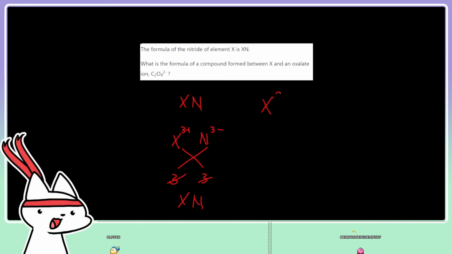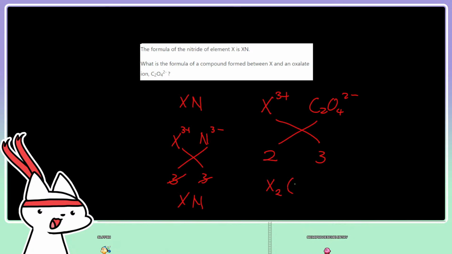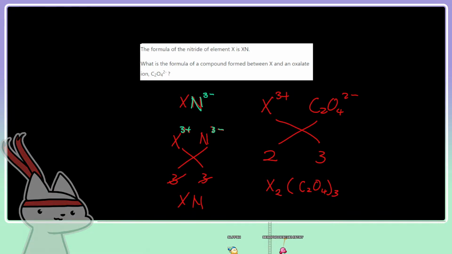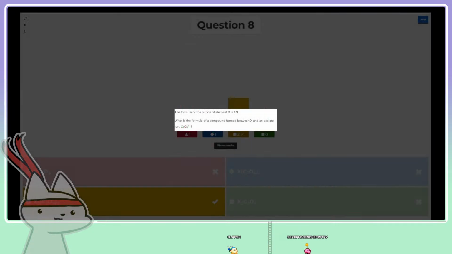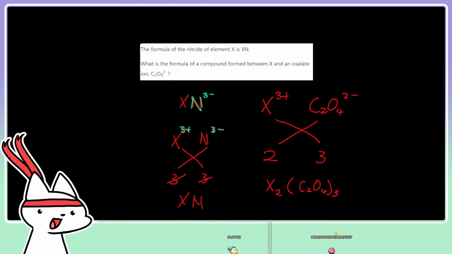So if X is 3 plus, C2O4 is going to be 2 minus. Cross this is 2, cross this is 3. Then you get X2, open bracket, C2O4, close bracket 3. So we have to notice that N here is 3 minus, so that 3 plus here can be obtained. So yes, that's the idea of it.